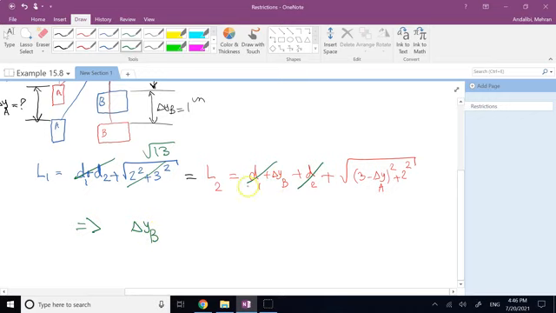If you bring it to the left-hand side, minus delta Y of B plus square root 13 is equal to square root of, and if you square that number and simplify it, right, or you can keep it as is. Let me just keep it as is for the moment, because when we want to solve something, that's going to be easier to use it as is.